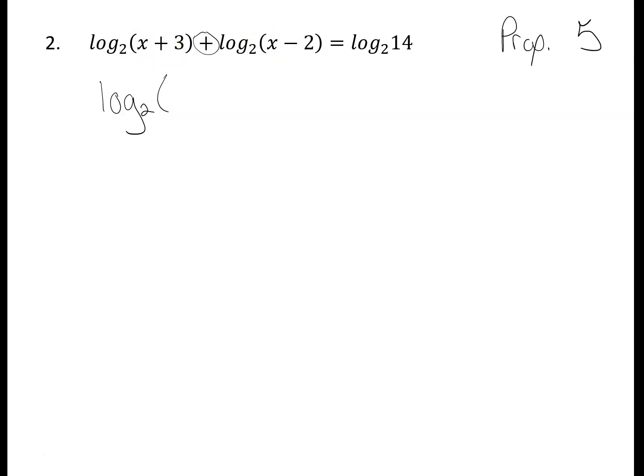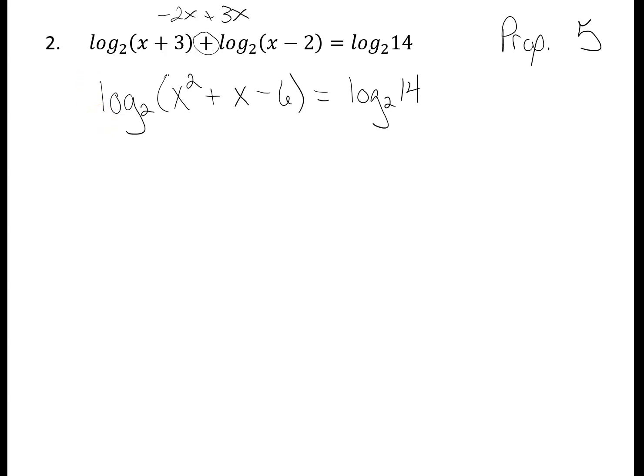So I'm going to go ahead and FOIL those. First, x times x is x squared. Outside negative 2x, inside positive 3x. So combine those, it's going to be a positive 1x. And last, minus 6. Keep the right side as it is. And now I have a single log on both sides with 1's in front.